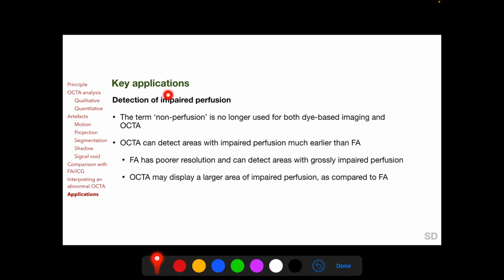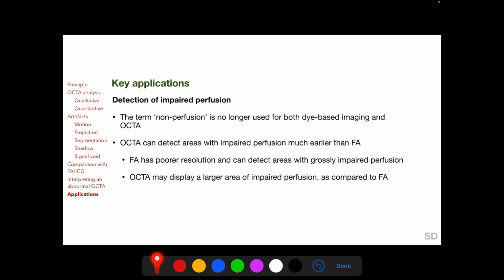The key applications of OCTA are detection of impaired perfusion and detection of macular neovascularization. In comparison with fluorescein angiography, OCTA can detect areas with impaired perfusion much earlier and may display a larger area of impaired perfusion.